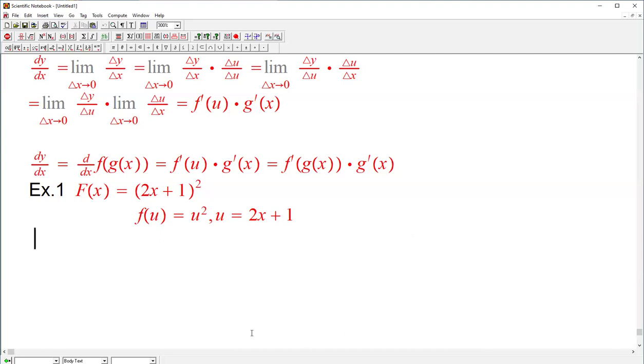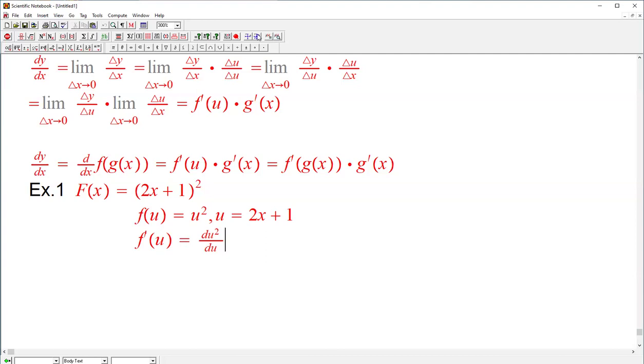Okay? So when we take a derivative with respect to u, or better yet, we write it in this manner, the derivative with respect to u squared, right? u squared.